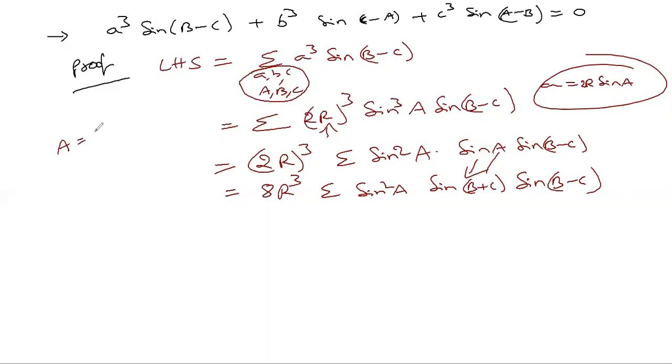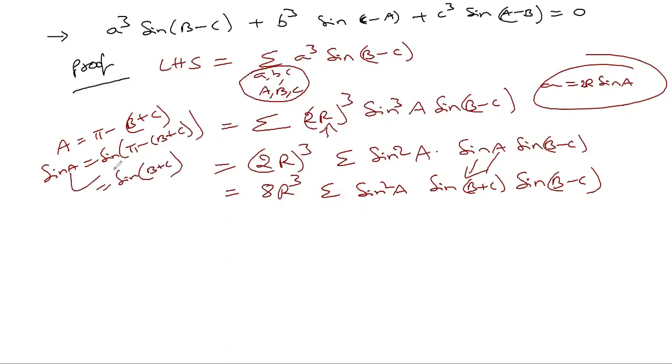Whenever you see A, we can write this as 180 minus (B plus C), since we are discussing a triangle. So sine A means sine of 180 minus (B plus C). Sine of 180 minus theta is sine theta. Whenever you see sine A, we can write sine of (B plus C). Next time I'll write directly.